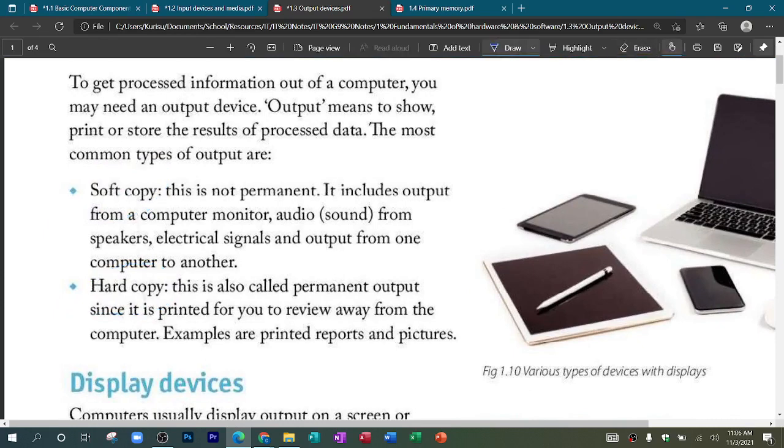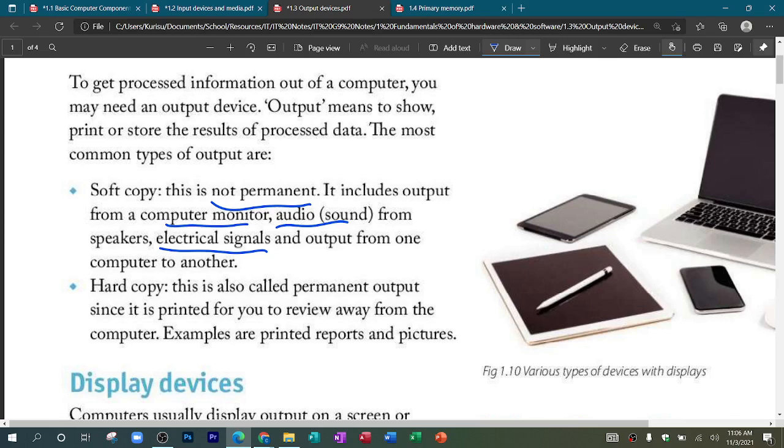So we have the examples right here. Anything that is soft copy is not permanent, it's temporary. So your computer monitor, where you see it on the screen, on your computer, on your phone, any type of display is temporary, because if you lose power, you won't be able to see anything anymore. Any music you're playing, any audio, if you lose power, you cannot hear it anymore. Electrical signals, anything that depends upon electricity is going to be temporary.